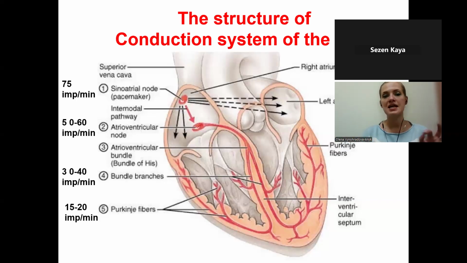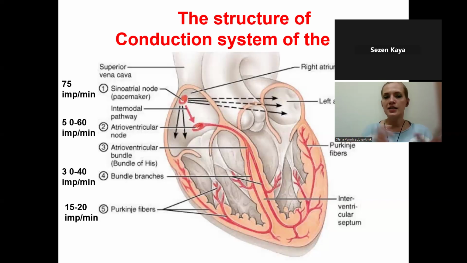It means that our nervous system and humoral factors can influence the work of the sinoatrial node and adapt its work to our needs.